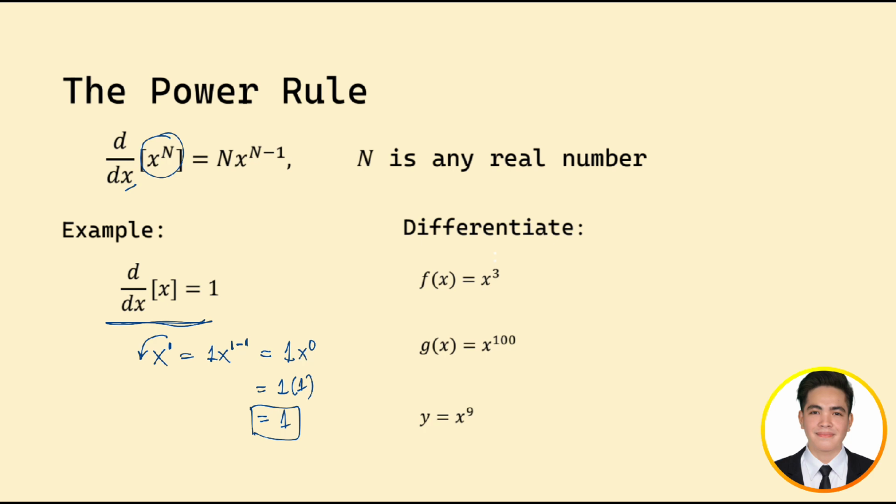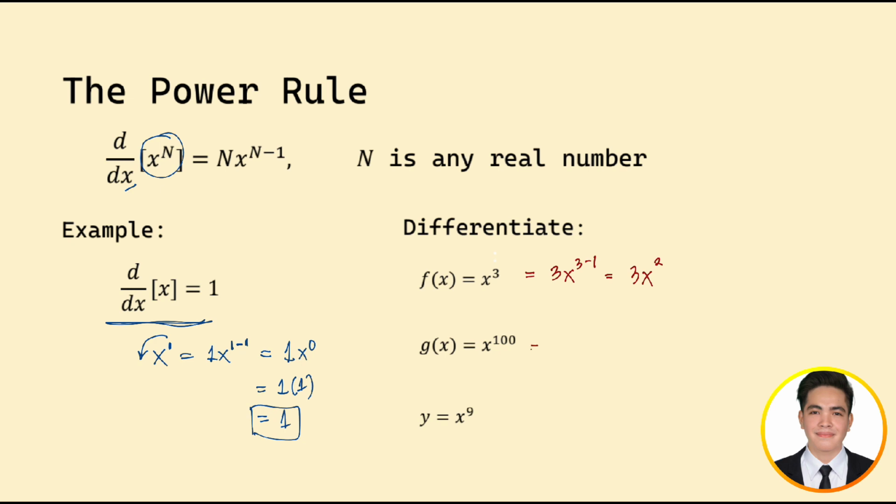We bring down the exponent, which is 3, and we write x, and then 3 minus 1. We always subtract the exponent with 1. So we will get 3x, 3 minus 1 is 2, and then that's it. This is the answer, 3x squared.